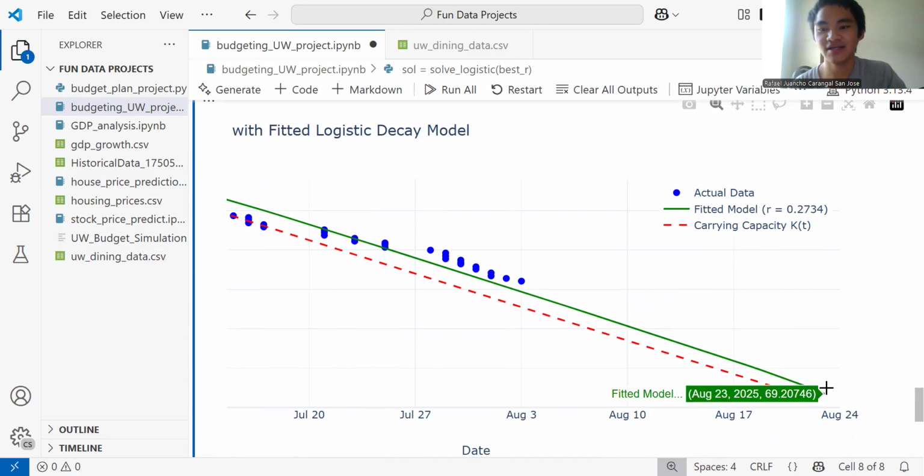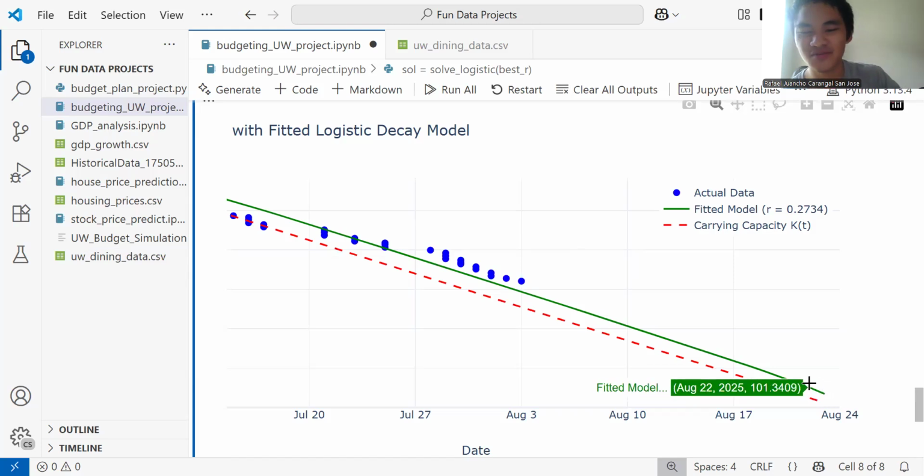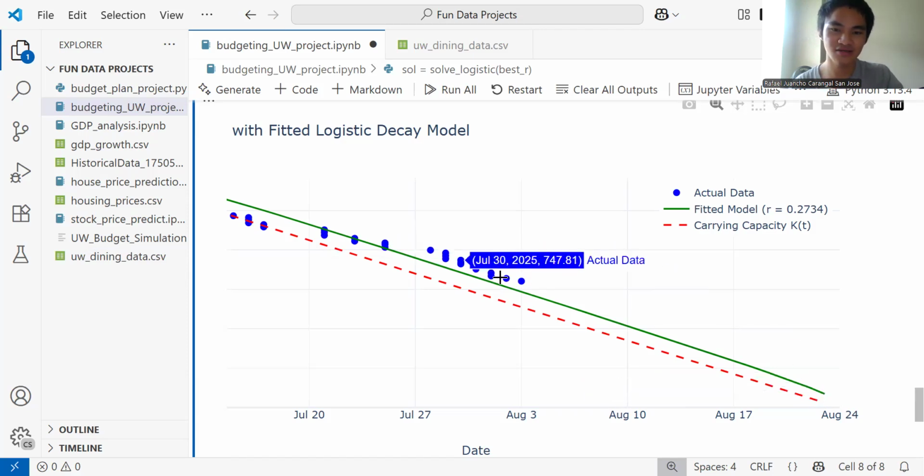So the way this model fits the data affects the prediction. I don't know if it's a prediction, it's the simulation, right? Here it's 69 by August 23, based on the fitted model, right?